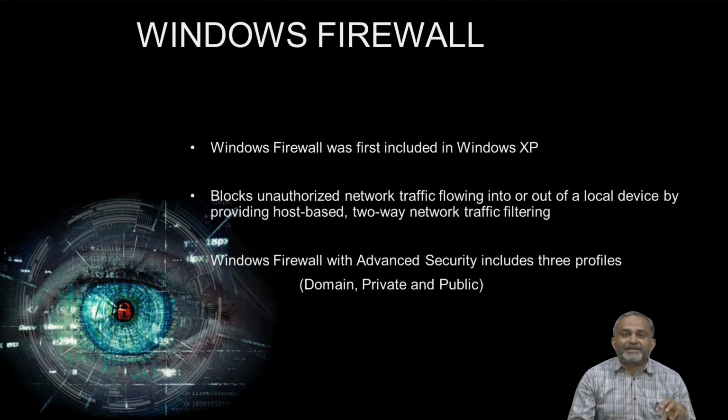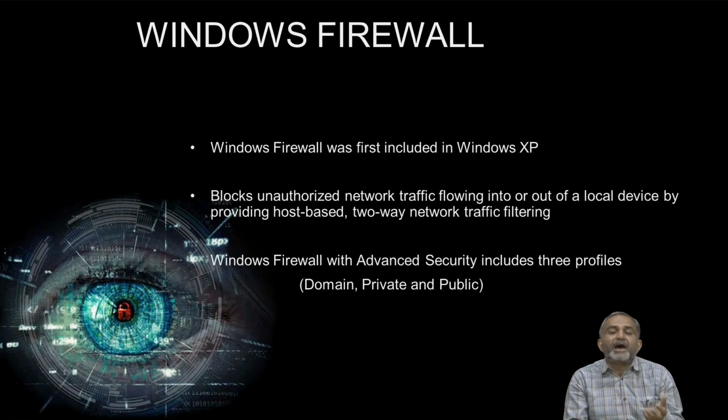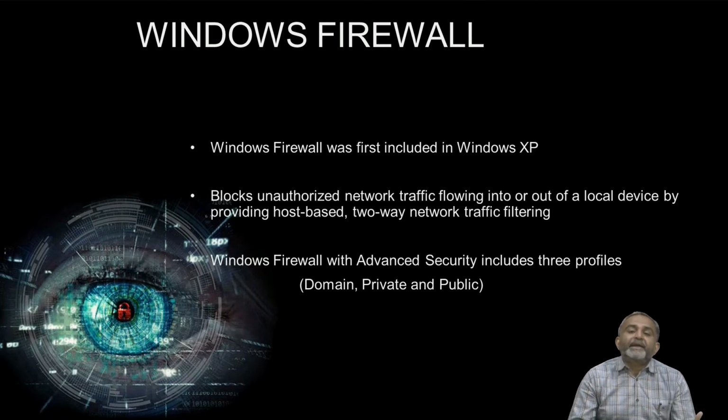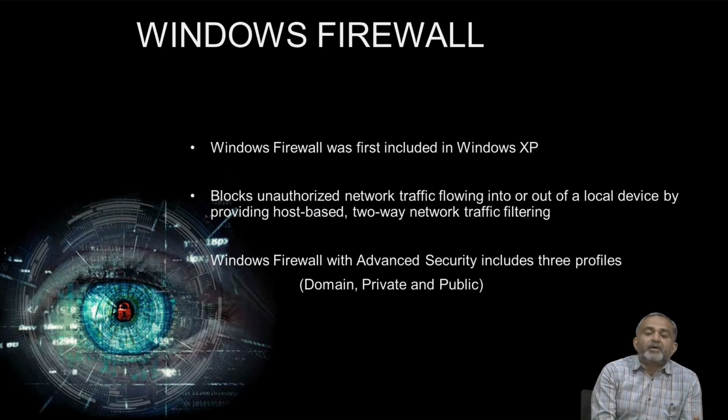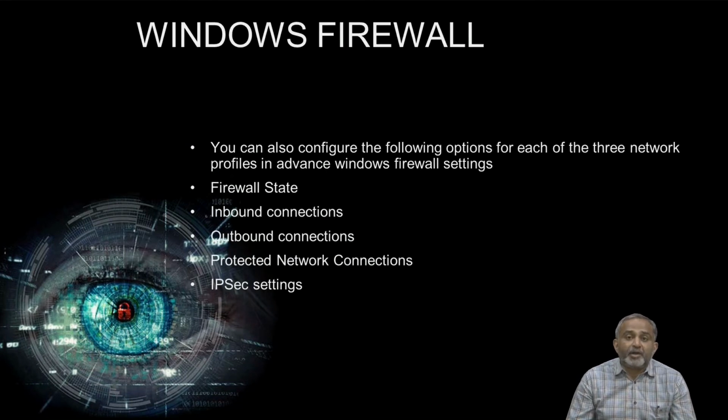So in that case, network discovery is by default off, as well as sharing features like printer sharing. So to some extent, the user can maintain privacy, and based on the privacy maintained, the security is also maintained.